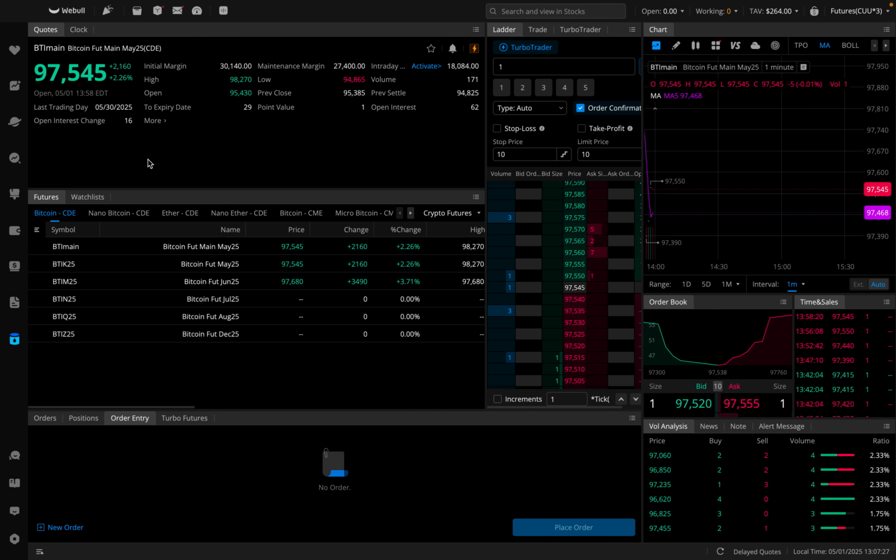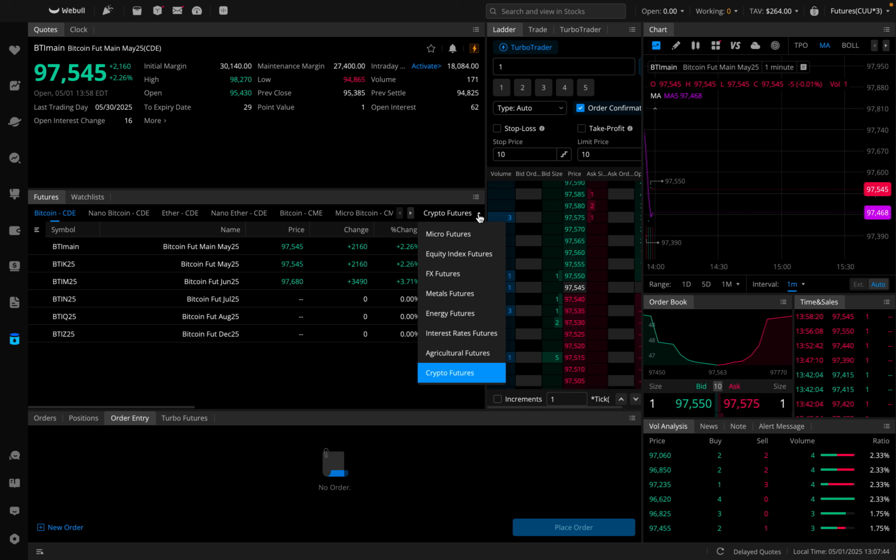Now, where do we find the different types of futures that we can trade here on Webull? From this page, there is this section right here, and all the way to the top right in this section, we can click on this drop down and we can see all the different available types here.